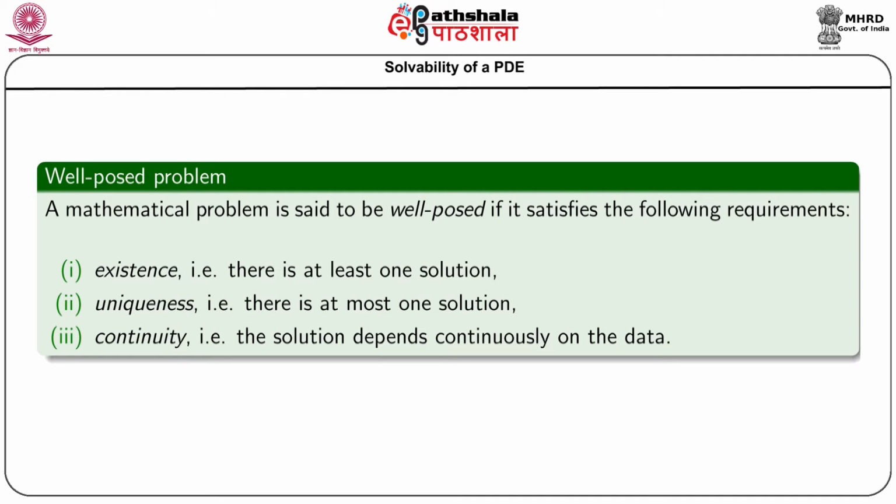The second one is uniqueness, which says that there is at most one solution. The third important criterion is continuity, that is, the solution depends continuously on the data. A problem is well posed if it satisfies all three conditions.